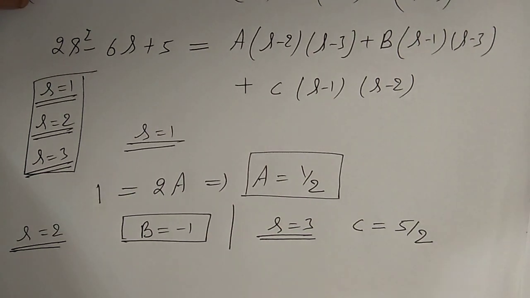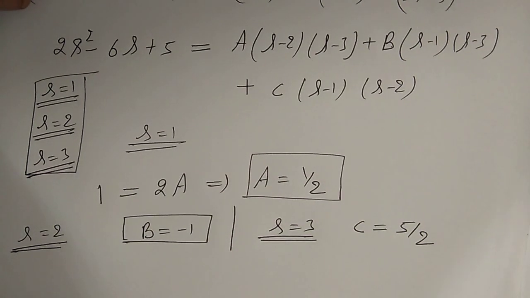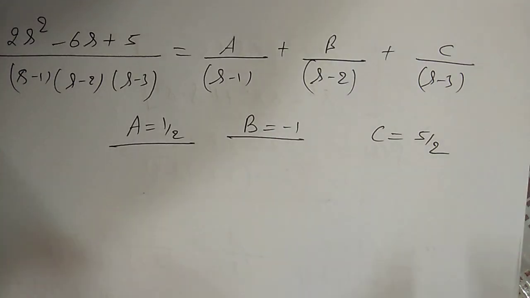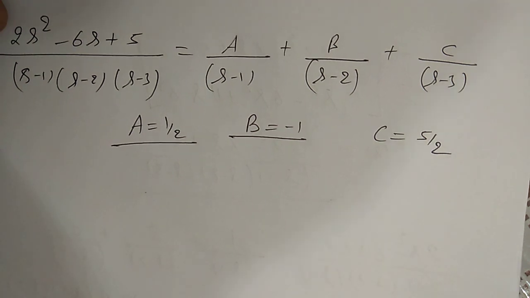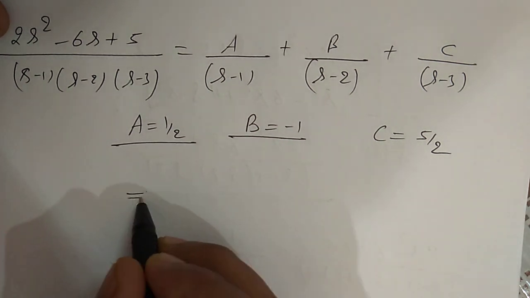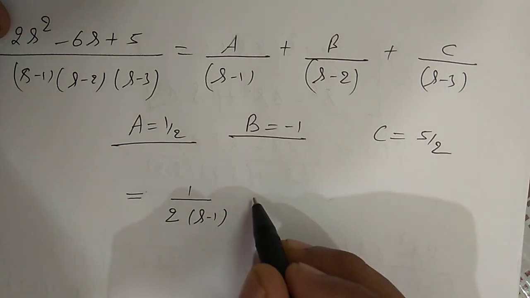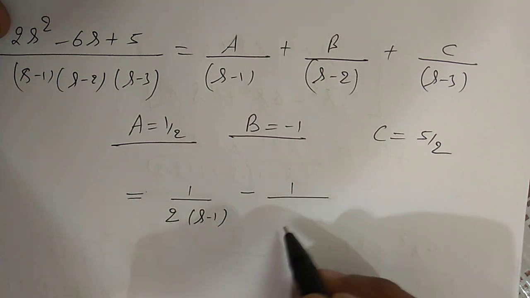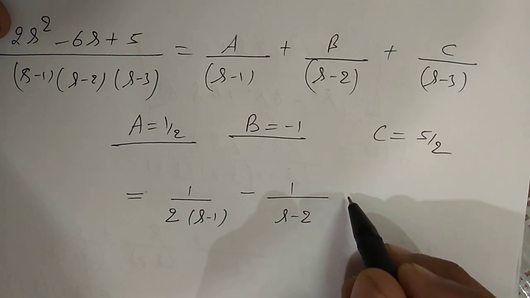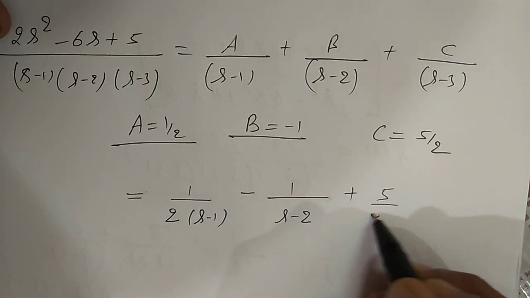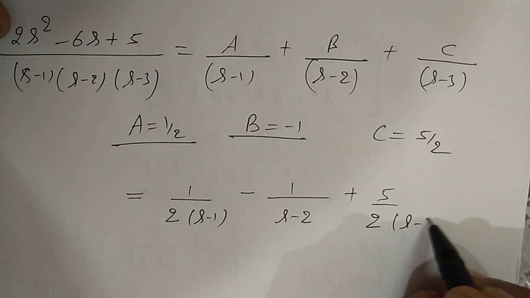So once you get these A, B, C values, we can write the partial fraction in this way. So this is our partial fraction. F of s equals 1 by 2 upon s minus 1 minus 1 upon s minus 2 plus 5 by 2 upon s minus 3.